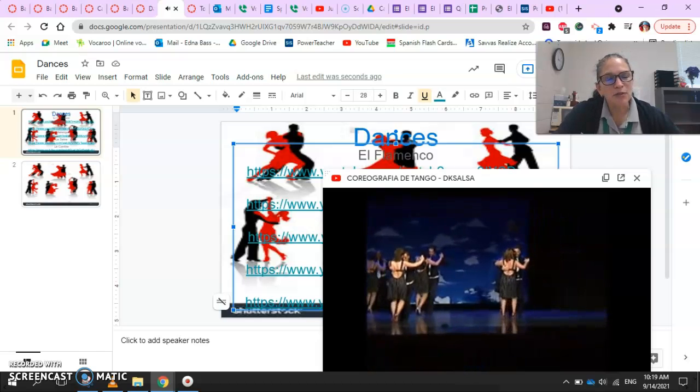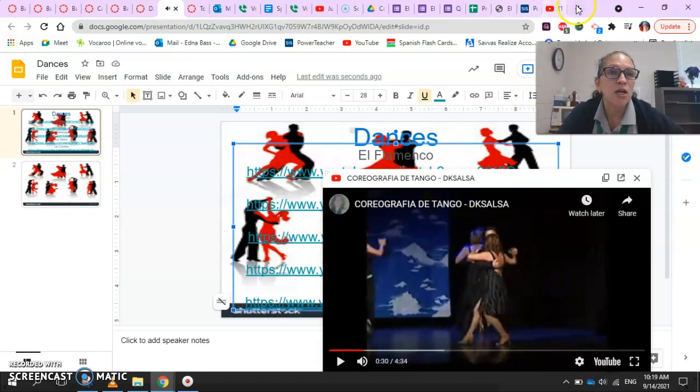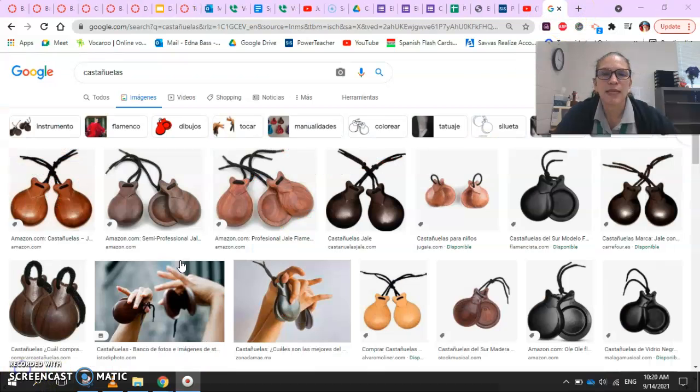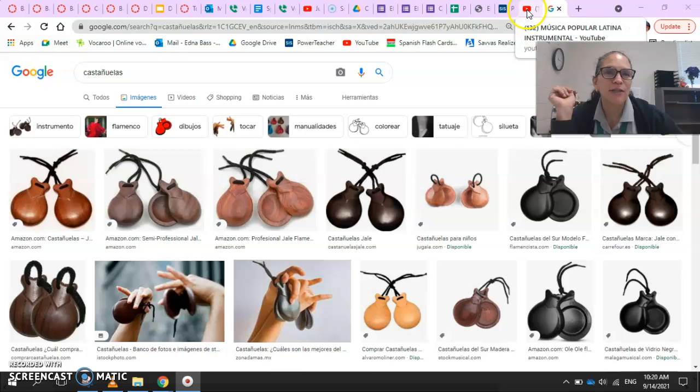I forgot to mention for the first dance, let me pause this. For the first dance, there is this important instrument. It's called castañuelas. Castañuelas, here is the word. It is shaped like a clam, and they play it like that. They move their hands like this, and the sound goes like that. So you can hear that with the music. Let's try to go back to the video.